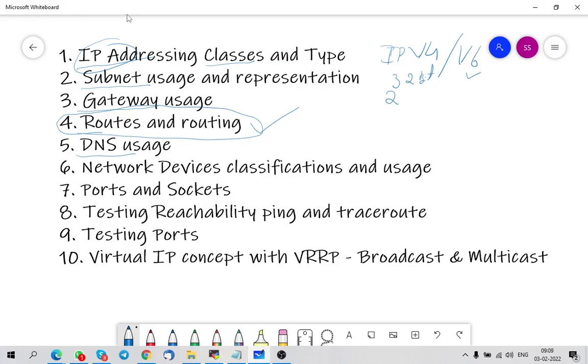First, it will check whether the destination computer is in the same network or not. Depending on that, it takes two actions. If it is in the same network, it routes directly. If it is in another network, it gives the packet to the gateway.